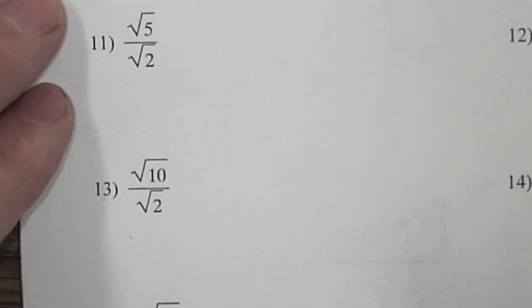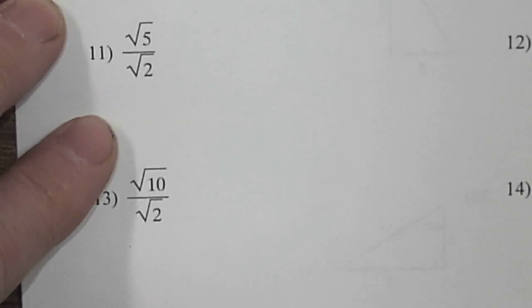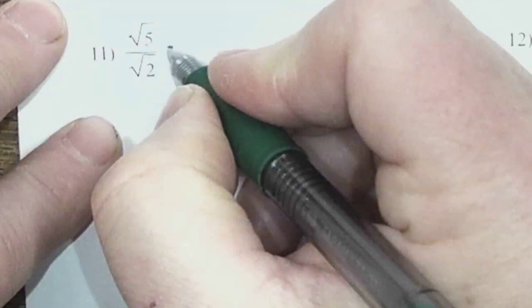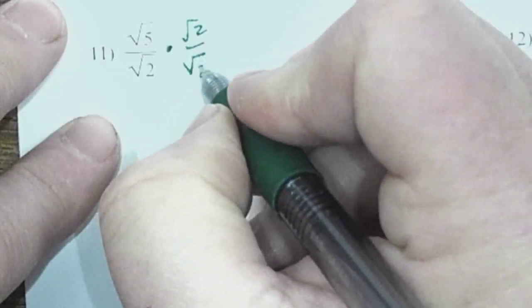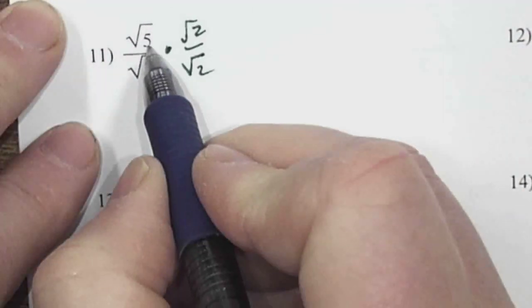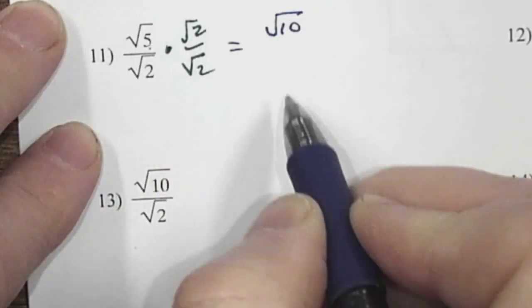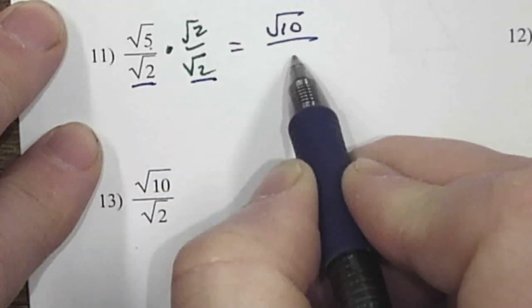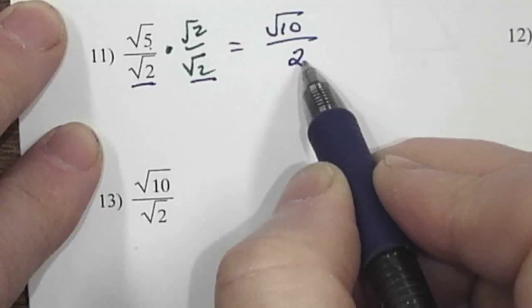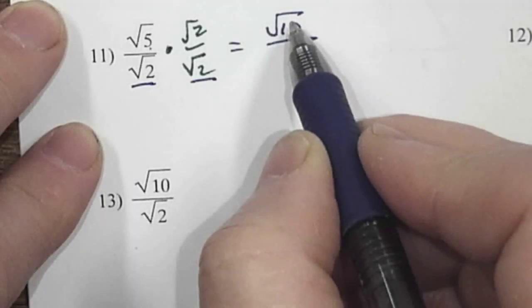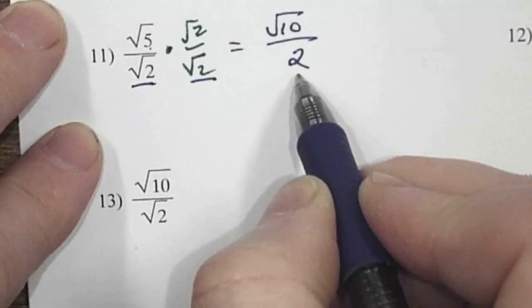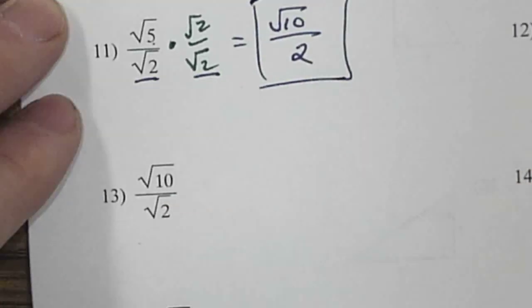What if we have something deeper? Multiply by the square root of 2. Now these are both in the radical, so they become square root of 10, 5 times 2. And then same number, so it's a 2. Now, the 2 cannot cancel with the 10, because the 10 is inside, the 2 is outside.